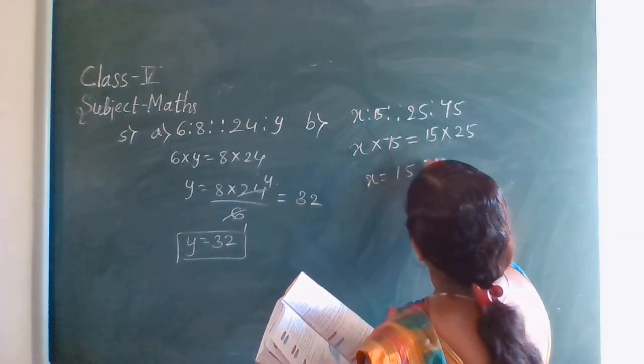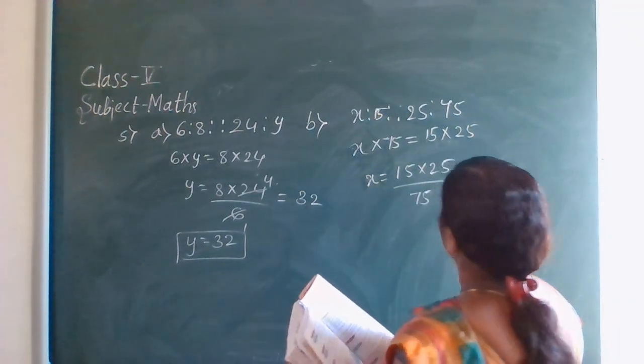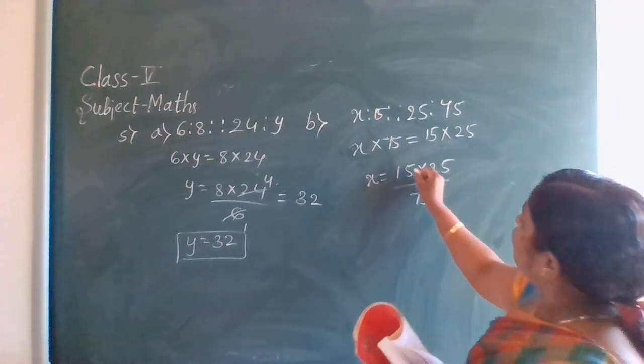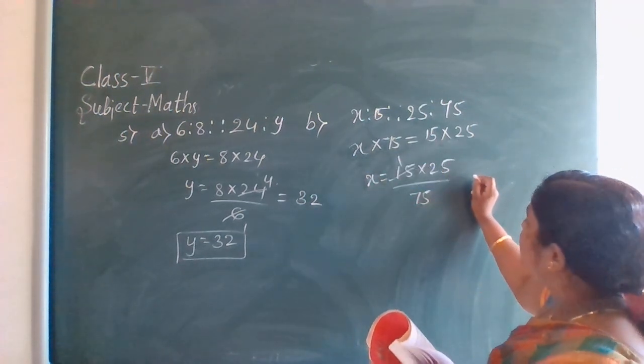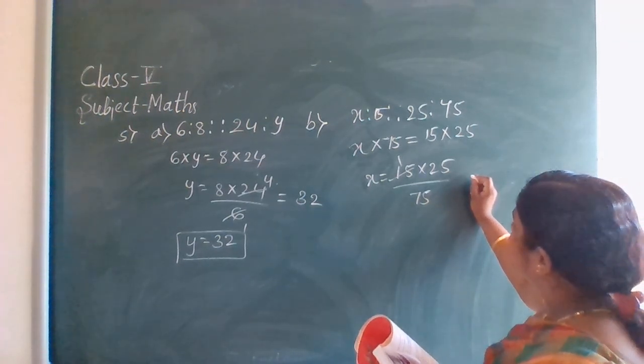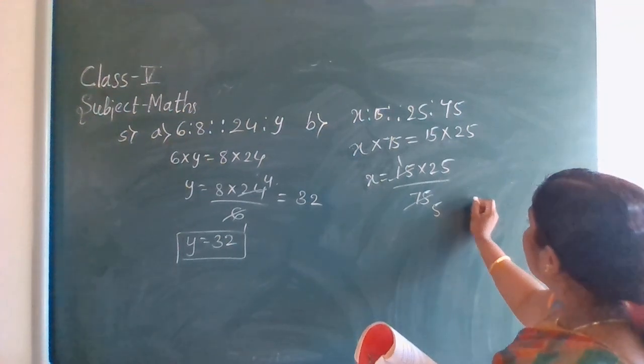X equal to 15 into 25 by 75. So 15 table is there. 15 ones are 15, 15 twos are 30, 15 threes are 45, 15 fours are 60, 15 fives are 75. 5 ones are 5, 5 fives are 25. So 5 is the answer.